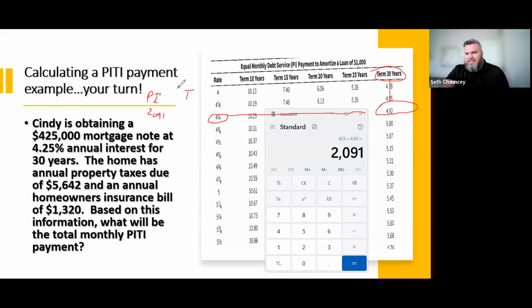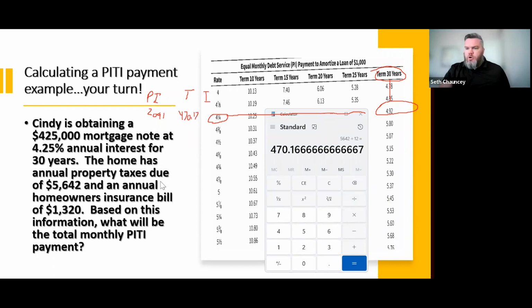Then we need to find T for taxes. Our annual property tax bill is 5642, so 5642 divided by 12 should be $470.17. And the last one is the I, the insurance.